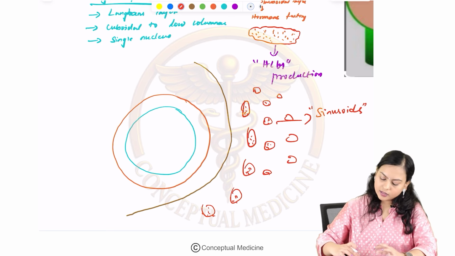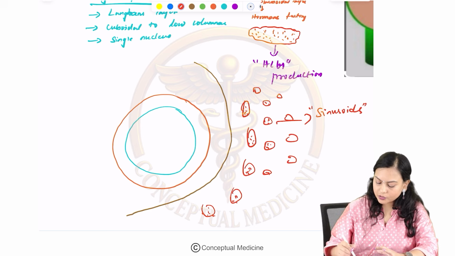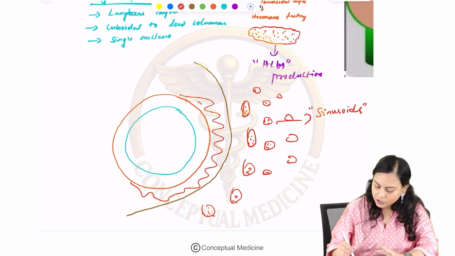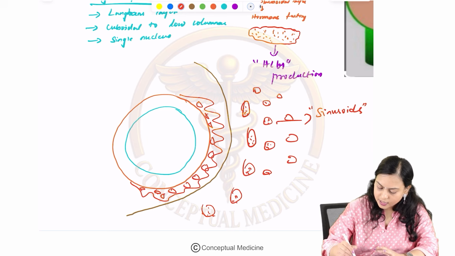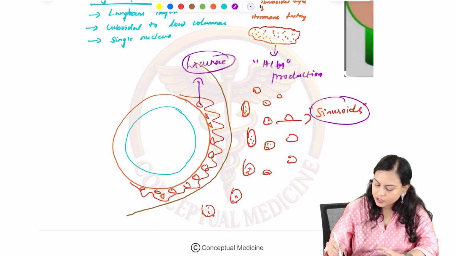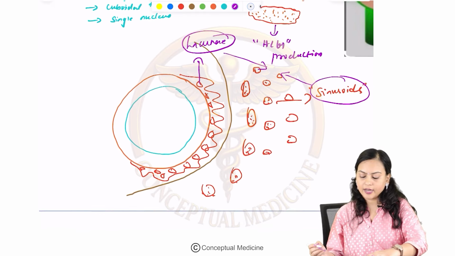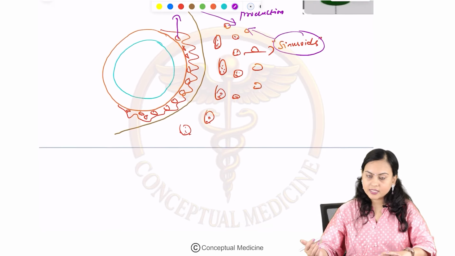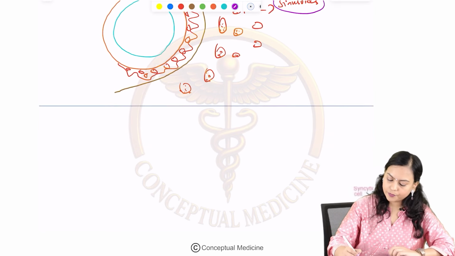As this syncytiotrophoblast is going to erode, there is formation of numerous lacunae. Lacunae means numerous spaces inside the syncytiotrophoblast. So finally, a connection is established between these sinusoids and the lacunae, and thus the uteroplacental circulation is established.